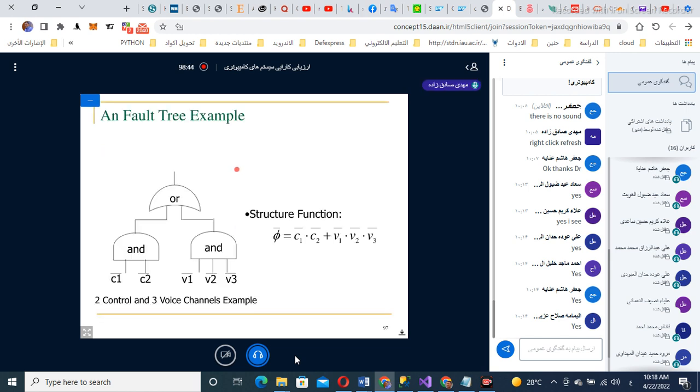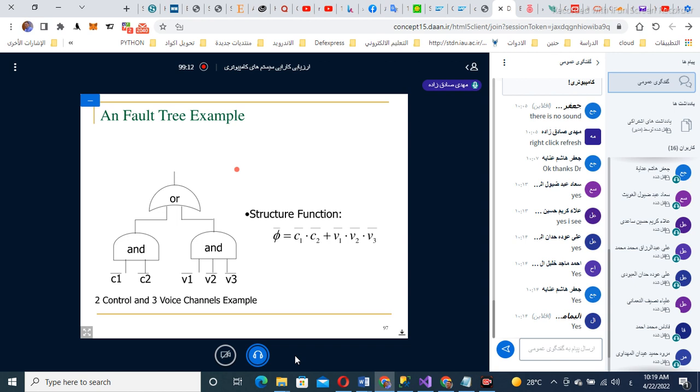Here you can see a fault tree example. C1 bar, C2 bar go to AND, it is parallel, and V1 bar, V2 bar, V3 bar, and the result of this set is OR.